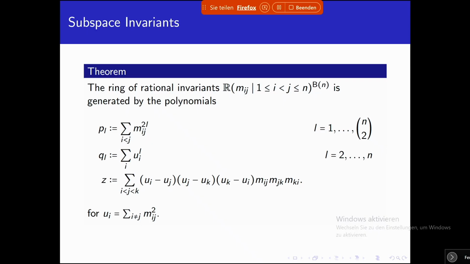And what our action is doing, it is first of all permuting the vertices of this graph. And secondly, what we can do is we can basically flip all the edges corresponding to one vertex. So if we put a minus at 1, we are flipping all these edges.